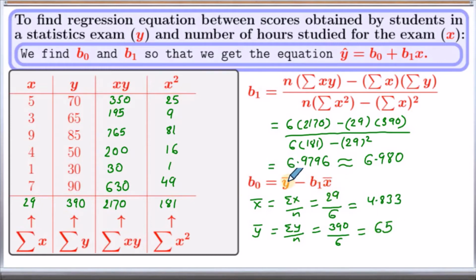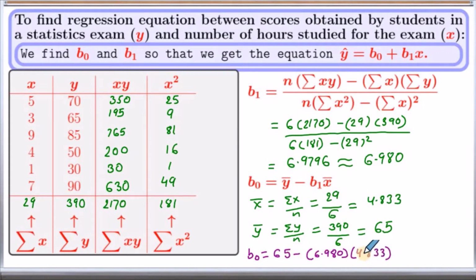Now, in this given equation, we can substitute value of Y bar, B1 and X bar and easily find B0. So let's find B0. B0 equals our Y bar, which is 65, minus our B1, which is 6.980, times our X bar, which is 4.833.